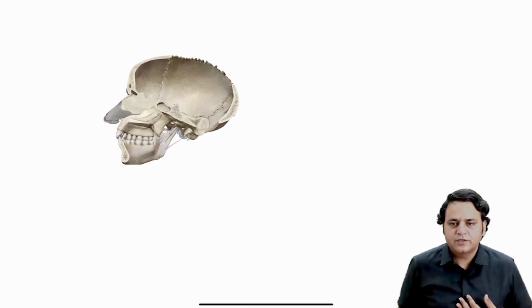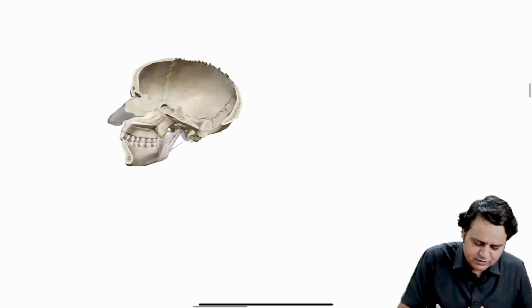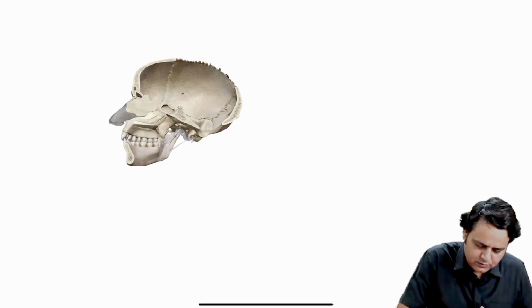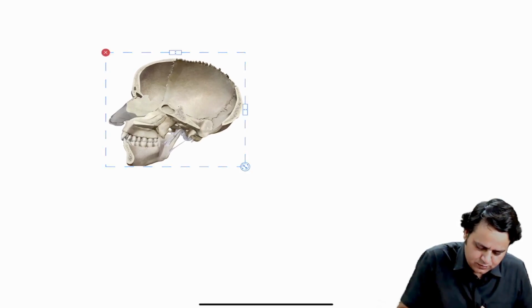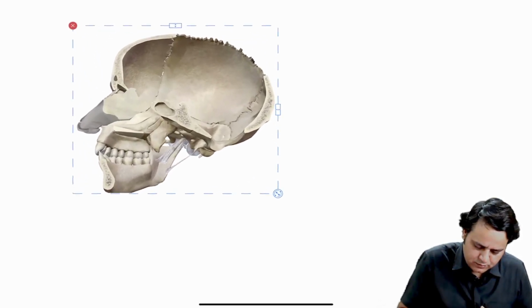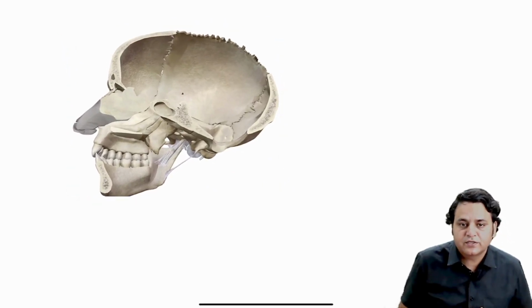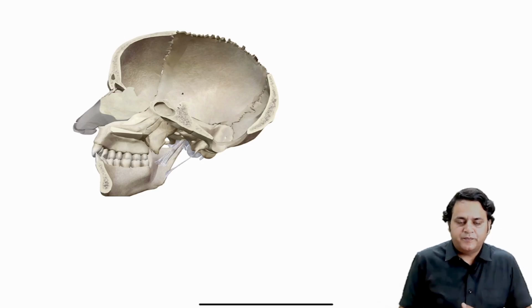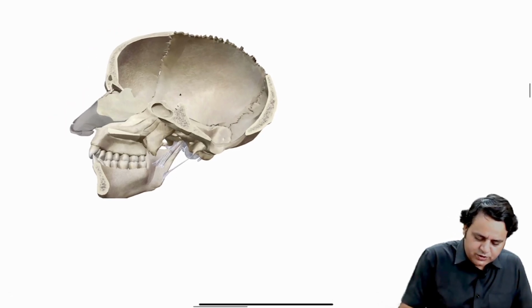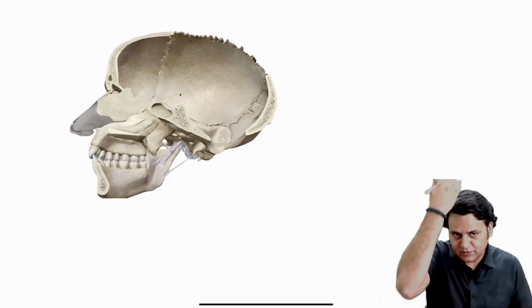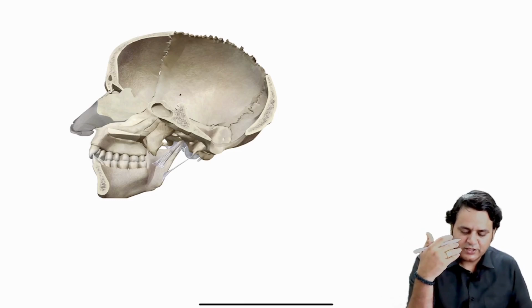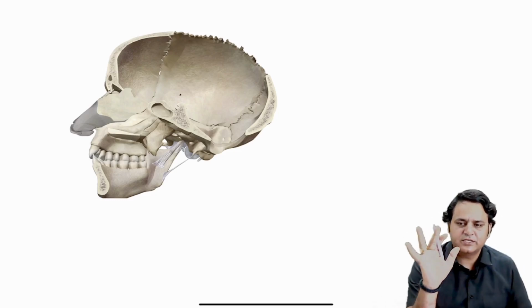All of you can see this. Okay, now it's better visible. So this is the cut section, coronal section, and we are looking at it from the medial side.